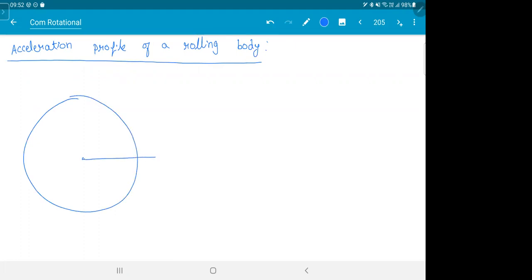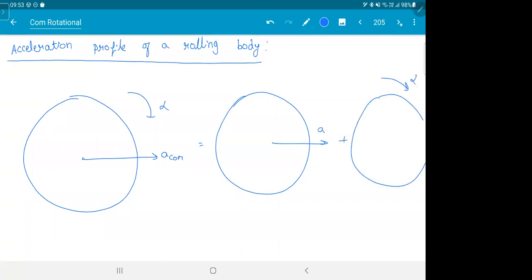So if you have a body going with A and rotating with alpha, again, you can split this into 2 parts: pure translation and pure rotation. I'll show it on the next page. But unlike velocity, there is one more little extra thing that comes out. Let's see.